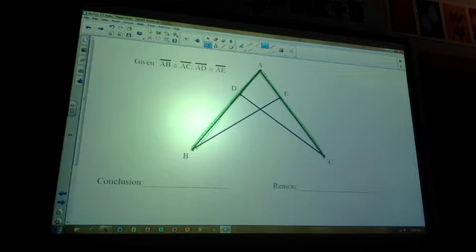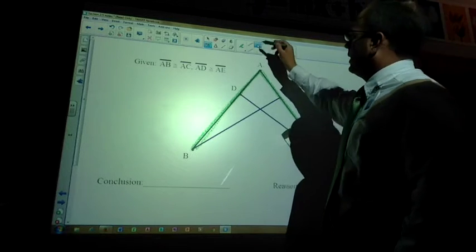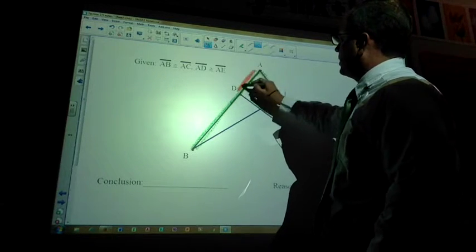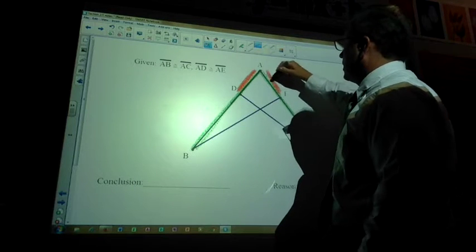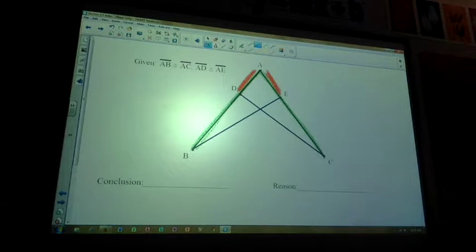They're congruent. We know they're equal to each other, so we could say that AB is equal to AC because of the definition of congruence, but I don't know if we have to go there. And then we also know AD and AE are congruent. So now we know this and this are congruent. Is it okay that I'm using a crayon?